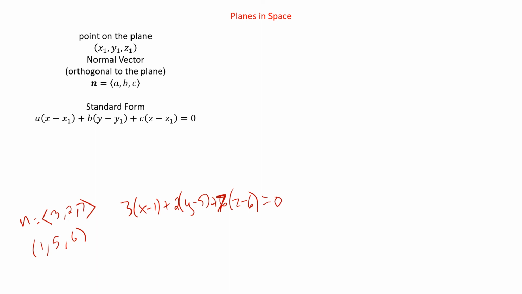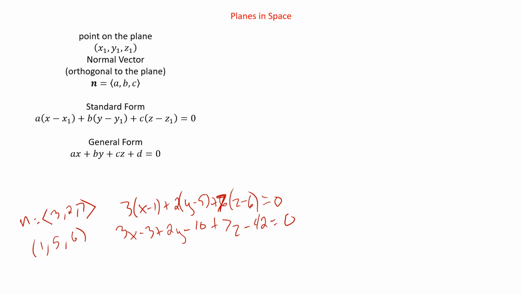So that's the standard form of this equation. Now, depending on what point we chose on the plane, the equation could look different. And so we also have what's called the general form. The general form is just ax plus by plus cz plus d equals 0. All we do is multiply this out and then combine our constants. So we'll have 3x minus 3 plus 2y minus 10 plus 7z minus 42 equals 0.